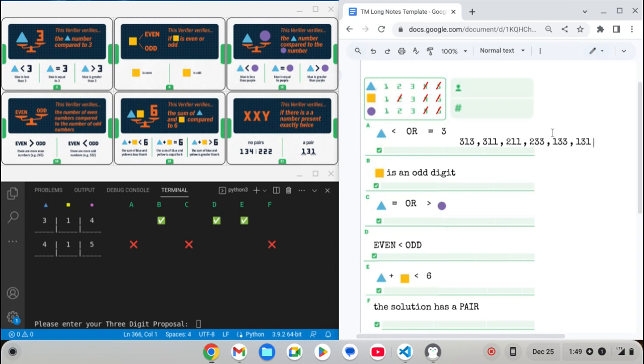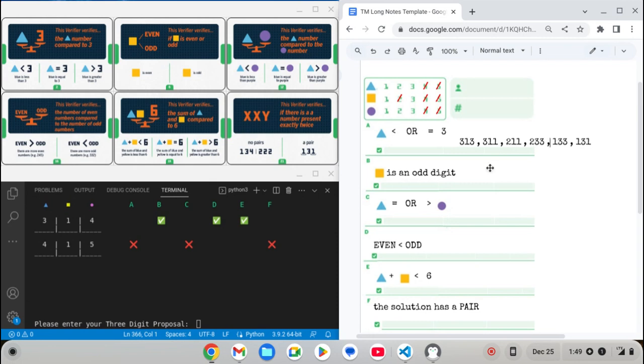So 1, 3, 3 and 1, 3, 1. So again, between these two, what distinguishes them again is triangle. Is it less than or greater than, or are they equal? Well, hold on. Oh, I don't think it could be 1, 3, 3, because in that case, triangle is smaller.